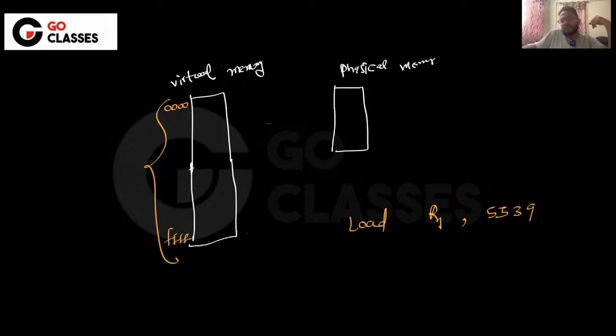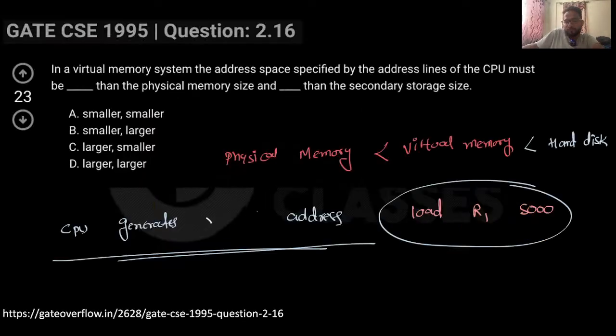So the compiler is writing here the virtual address, and that's why the CPU will generate the virtual address. So the CPU will be generating the virtual address in case of a virtual memory system. So the virtual address should be larger than the physical memory, and it should be smaller than the secondary memory. So I think C is the answer.